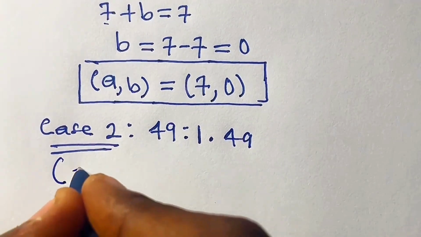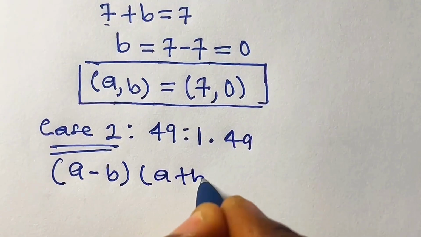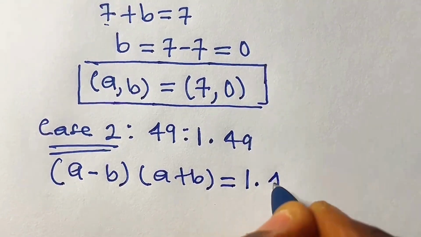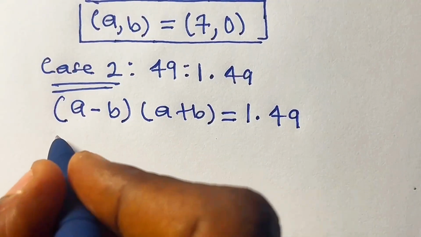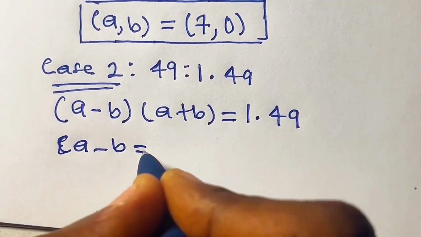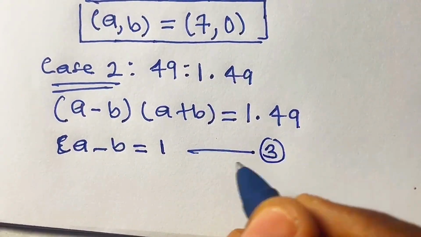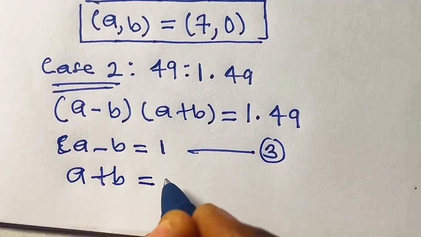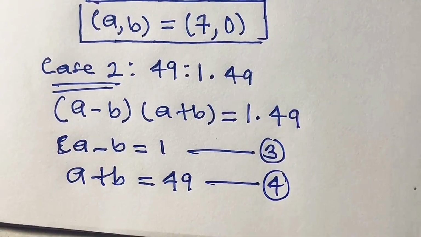Therefore, we have a minus b multiplied by a plus b equals 1 times 49. We follow the same approach to mean that a minus b equals 1. This should be equation 3, and a plus b equals 49. This will be our equation 4.